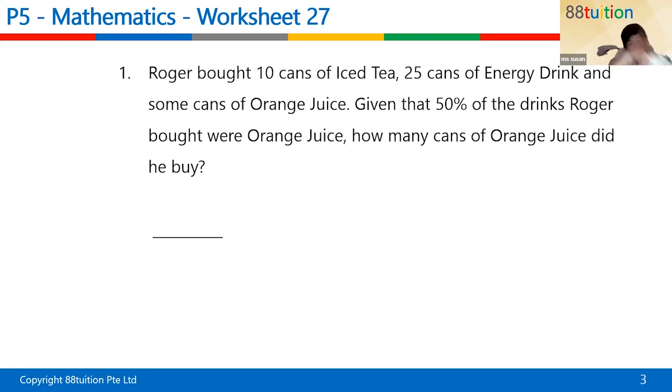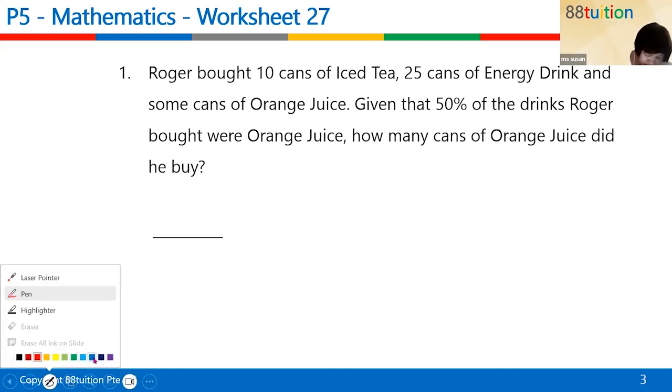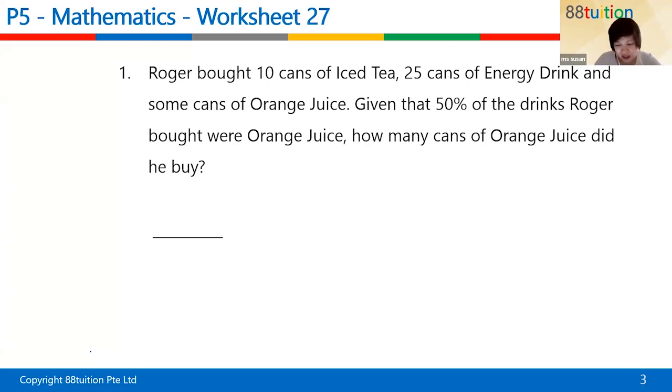Okay, question number 1. Roger bought 10 cans of iced tea. Wow, it's a hot day, so he buys 10 cans of iced tea. And for energy drink, he bought 25 cans. For orange juice also, he bought some cans. He didn't know how much he had bought.